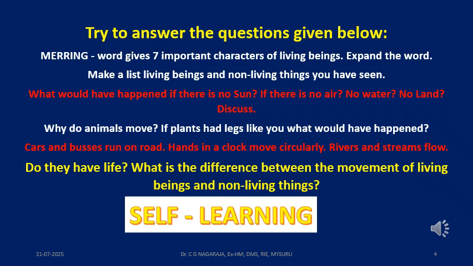Next, cars and buses run on the road. Hands in a clock move circularly. Rivers and streams flow. Do these things or organisms or non-living things have life? What is the difference between movement of living beings and the movement of non-living beings?